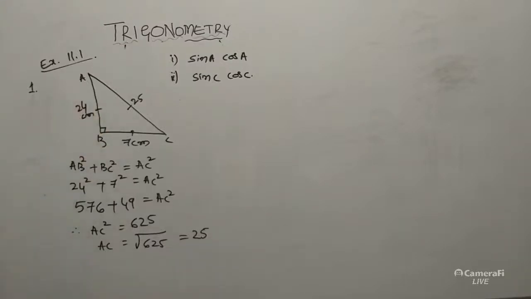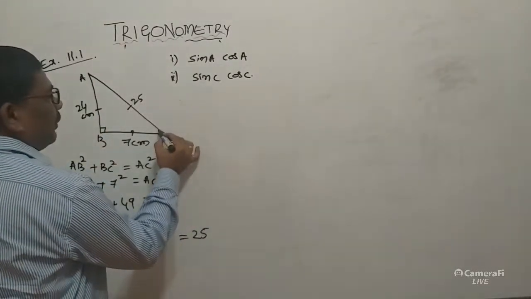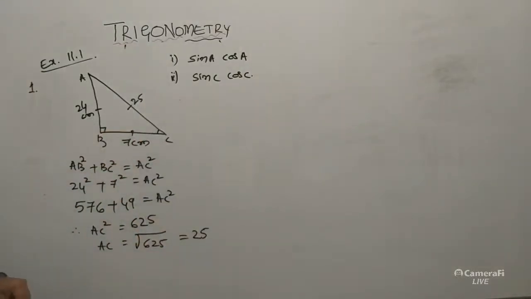I draw two varieties of triangles. Suppose this is the base, you can consider this as theta. That's what we do when calculating sin A and cos A. Another diagram I am drawing here, with angle A, B and C. I am drawing the same diagram in this way because it is easy to understand.